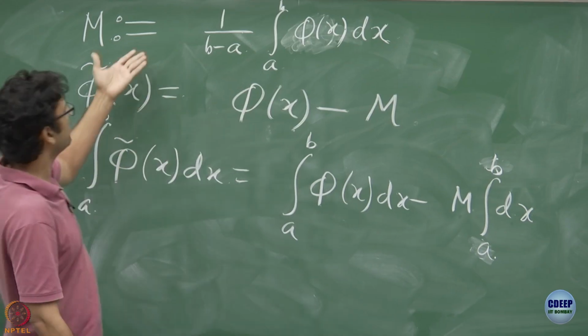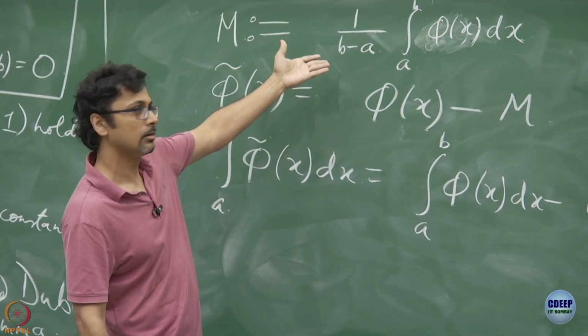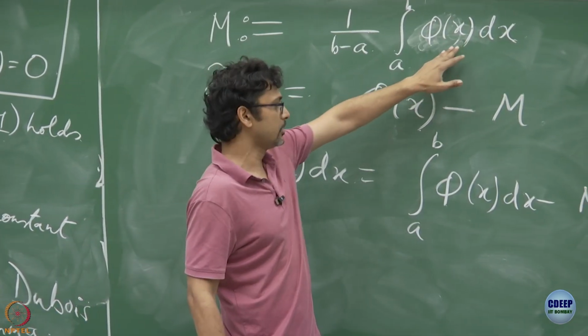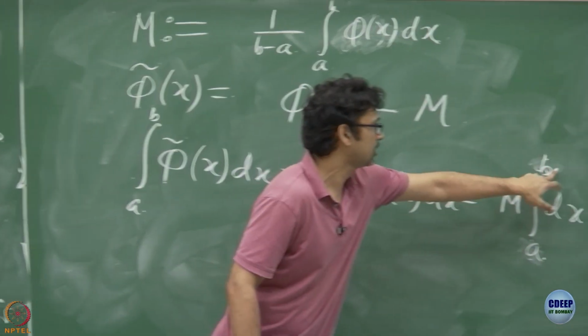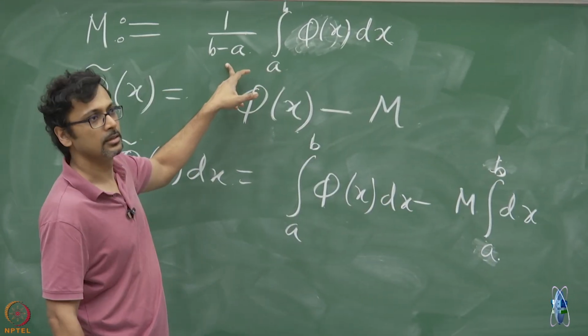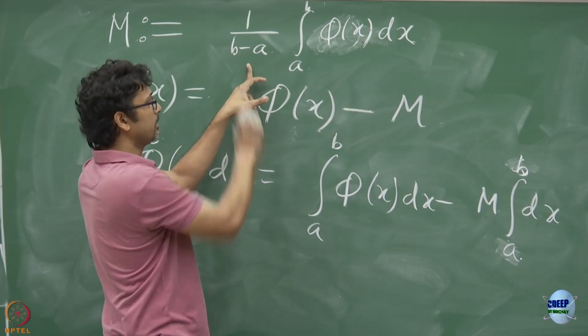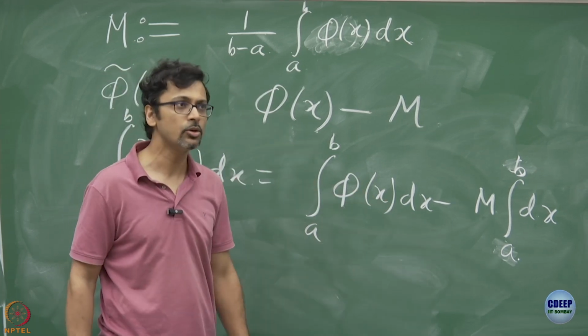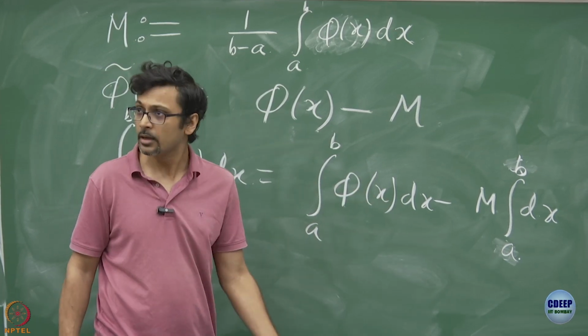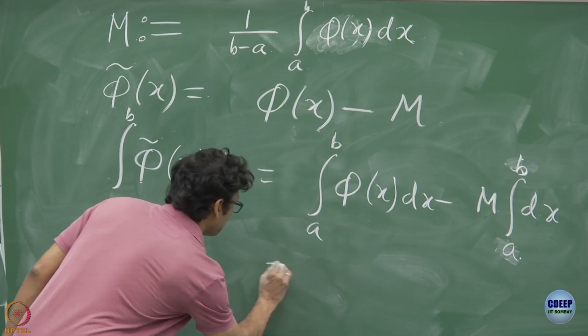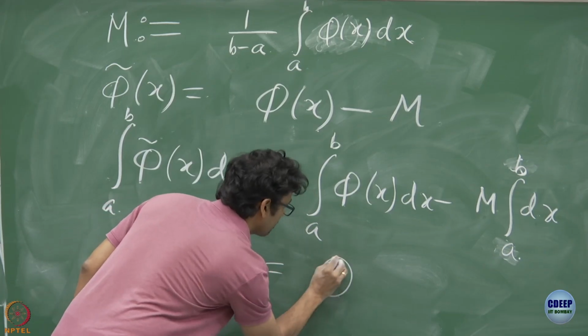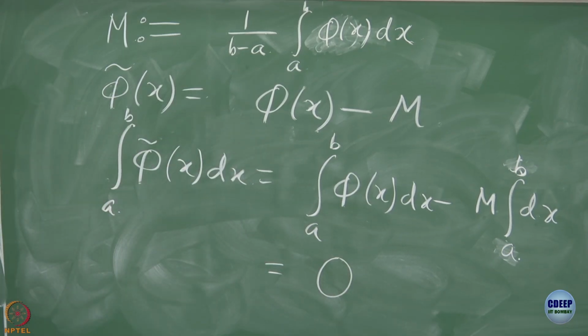You see, you have defined this m already. After the integration, this is just a constant, and this is just b minus a, which gets cancelled out from the b minus a in the denominator here. So, this is definitely 0. Yeah, very good, no? Okay, very good. What else have we got now?